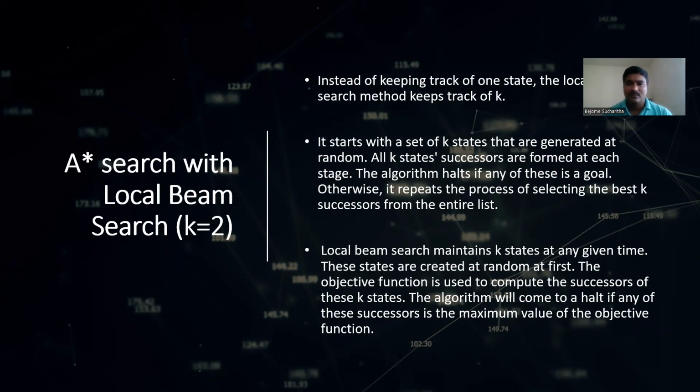The algorithm stops if any of these is a goal, otherwise it repeats the process of selecting the best k successors from the entire list. Local beam search maintains k states at any given time. These states are created at random at first. The objective function is used to compute the successors of these k states. The algorithm will halt if any of these successors has the maximum value of the objective function.